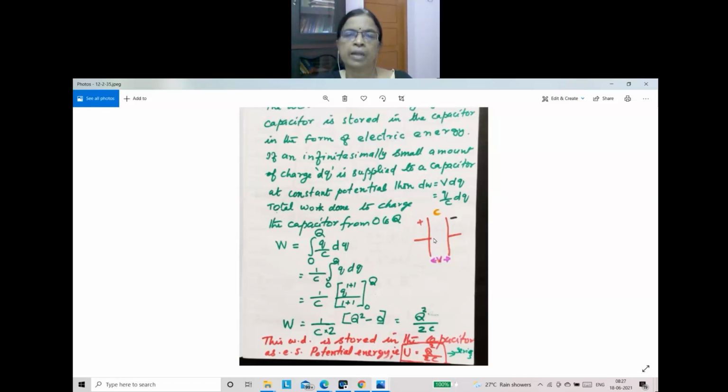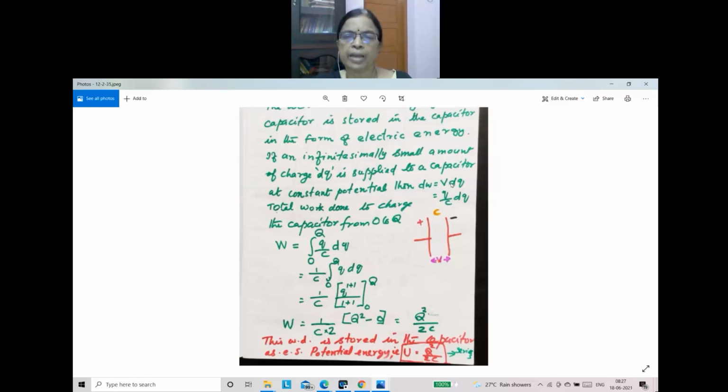Under that consideration, we find the small work done. Work done is charge into potential, so here dq is the charge given, V is the potential applied, and the small work done is V dq.